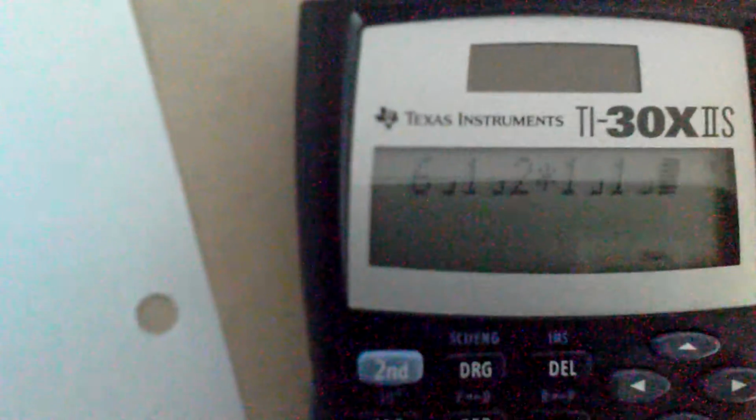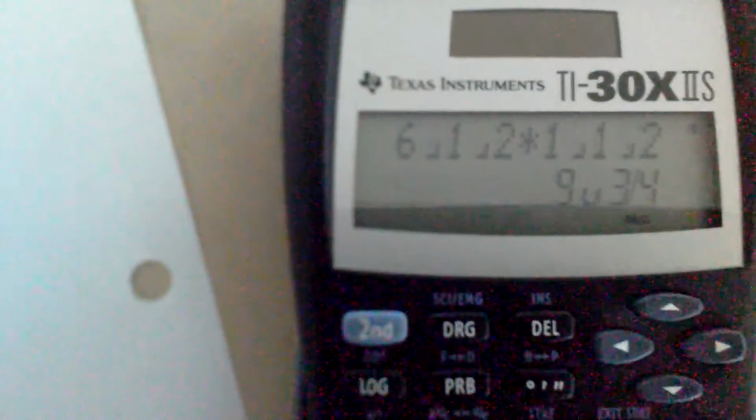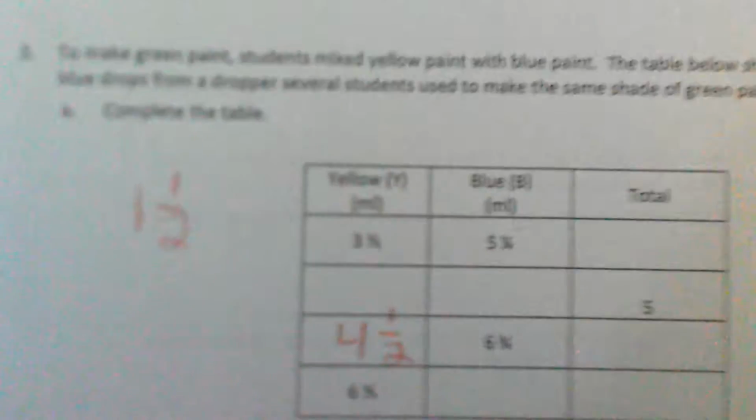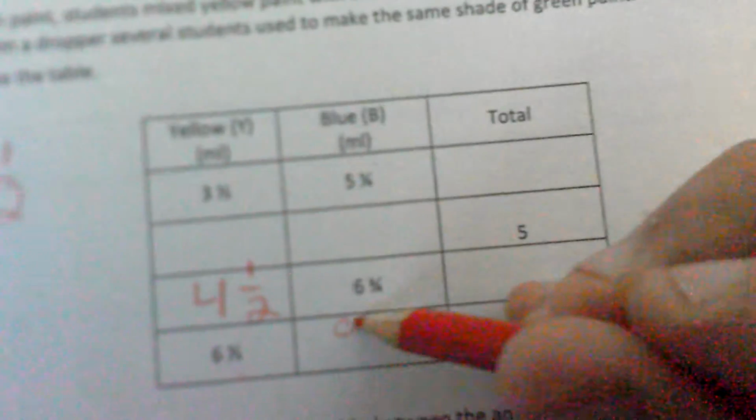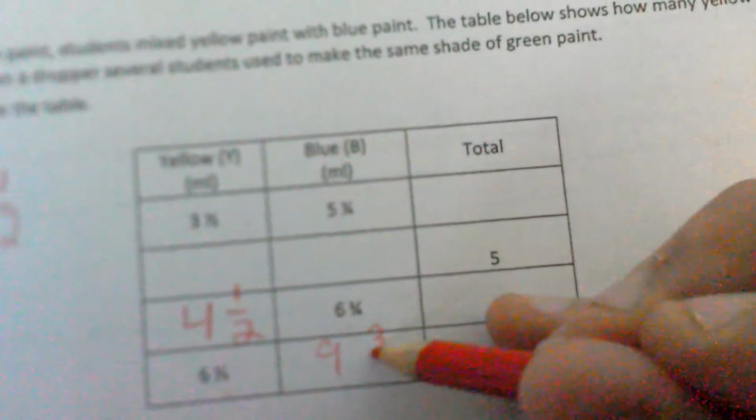So 6 1/2 times 1 1/2. And I'm multiplying by 1 1/2 because I should have more blue paint than I have yellow paint. And I will get an answer of 9 3/4.